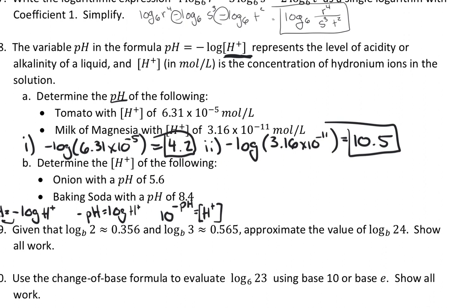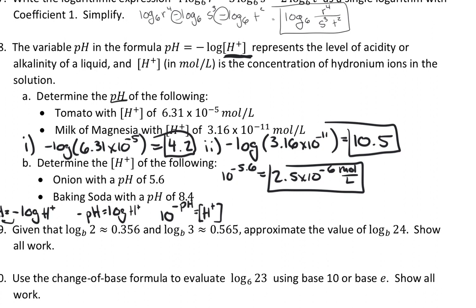Right, so I'm just simply going to put 10 to the negative 2.6. Make sure I put my parentheses around the negative sign. And that's going to be a concentration of 2.5 times 10 to the negative 6 moles per liter for the onion.